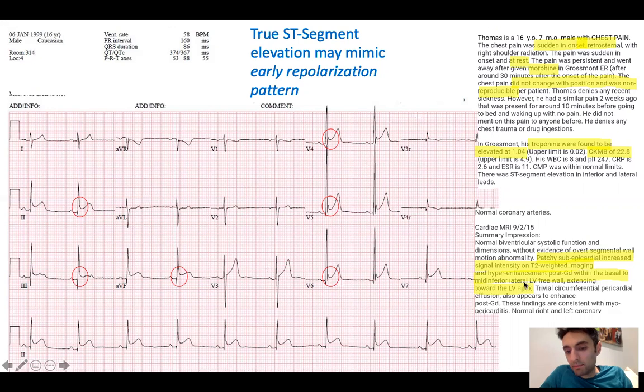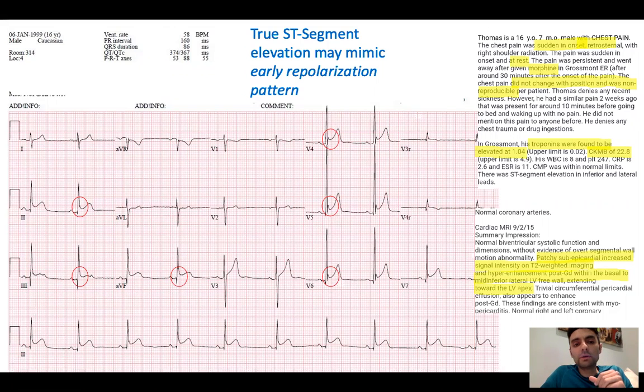So again, the MRI finding makes sense because the ECG also is suggestive of left lateral to inferior involvement, because of the inferior leads and left lateral leads. So the ST segment distribution confirms the MRI finding.